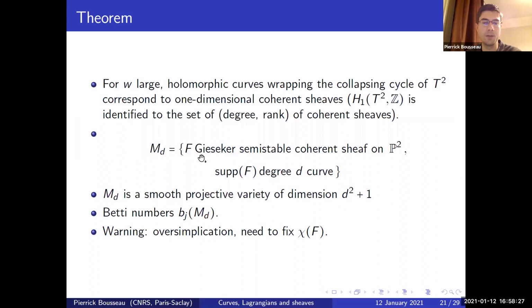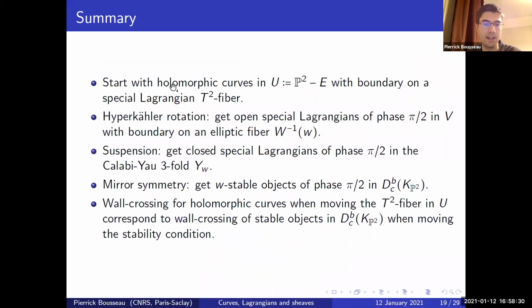Yeah. So I will come back to this point at the end, which is that in this correspondence, you should think about all these steps as being somehow heuristic. It is what I announced at the beginning, that this is somehow heuristic, and at the end I will explain where the difficulties are to make these statements precise.